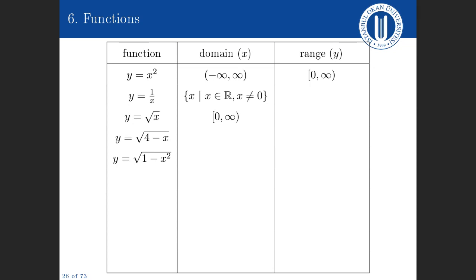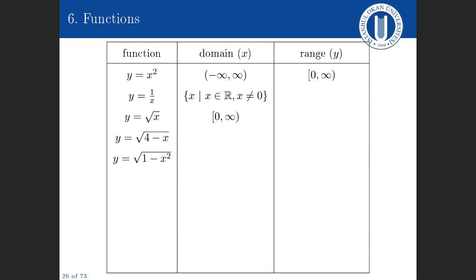When we square a number, we always get a non-negative number. y can be any number between 0 and infinity. We can make y equal to 0 by choosing x equal to 0. We can make y equal to 1 by choosing x equal to 1, and so on. We can make y as big as we want by choosing x really big. So it's the closed interval between 0 and infinity.